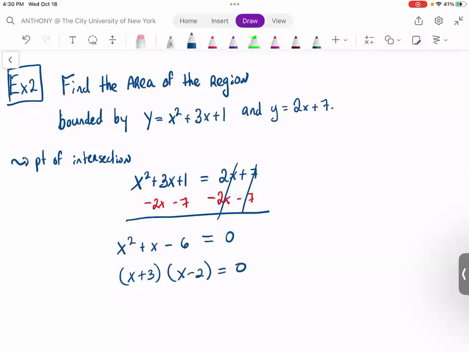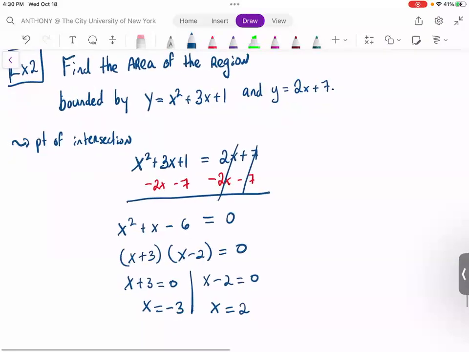If you split this into two equations, x plus 3 equals 0 and x minus 2 equals 0, you're going to get x equals -3 and x equals +2. The lower of the two values is going to be your A. The higher of the two values is going to be your B.